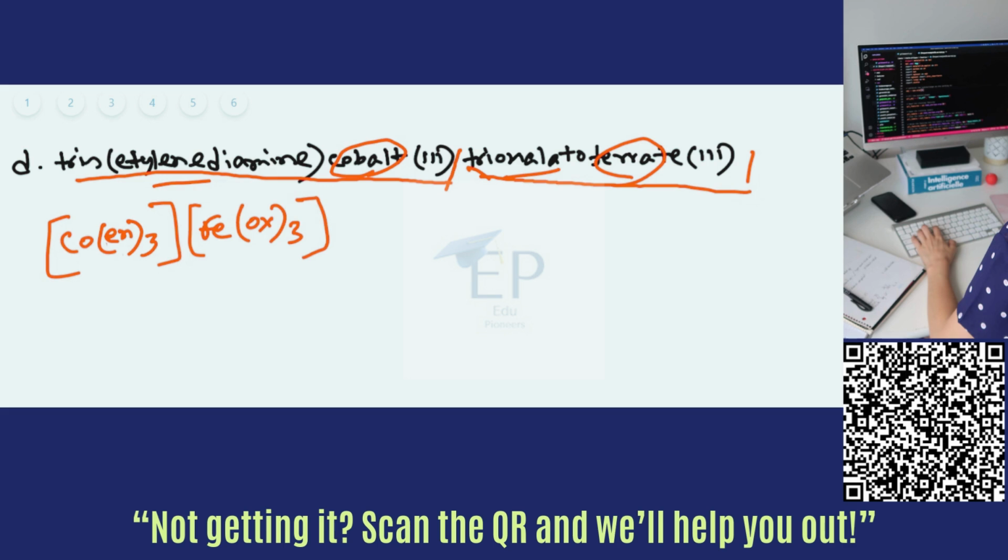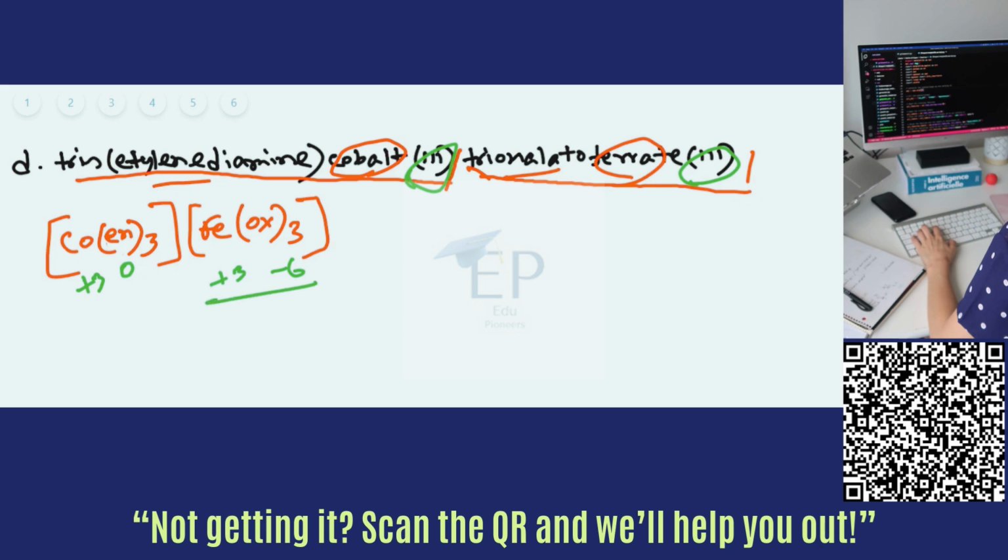Now we have to make sure that we have an overall net charge of 0. Ethylenediamine is a neutral ligand, it has 0 charge, and cobalt here has +3 charge. And here the oxalato group has a negative charge of -2, so -2 times 3 is -6 charge, and the iron has +3 charge.